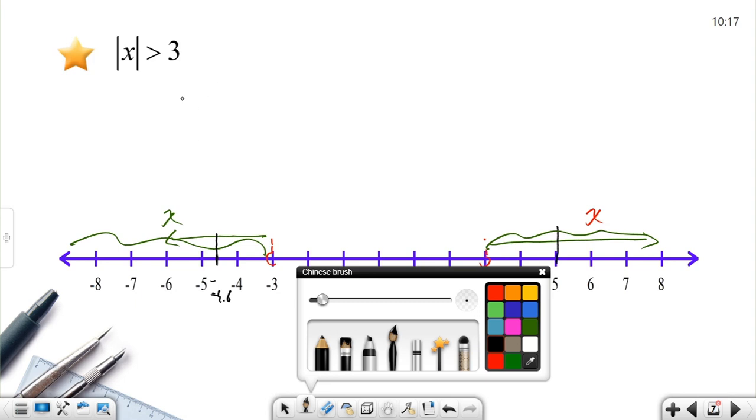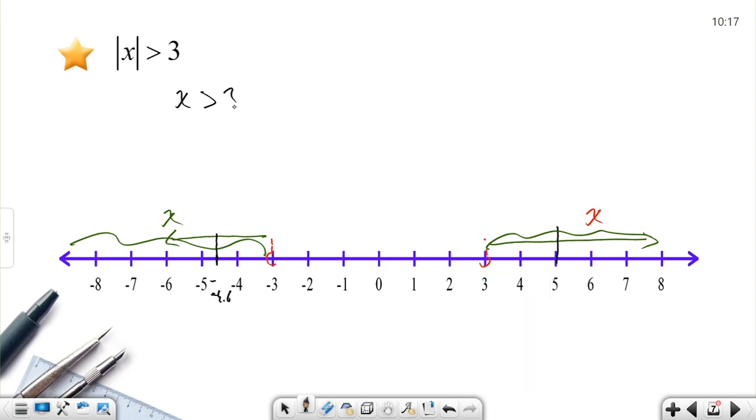So a number must be greater than 3, or on this side, x must be less than negative 3. You can write it: x is less than negative 3 or x is greater than 3. When it's greater than a number, we think of it as an OR statement.